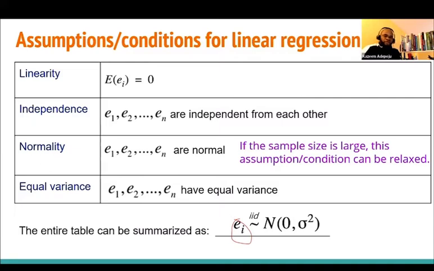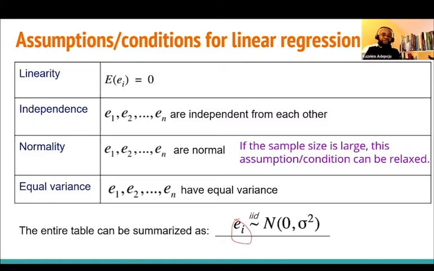Now, when we say error i, what do we mean by that? The error is the difference between the observed and the actual. I'm going to say that again. The error i is the difference between the observed, that is, what happened in reality, and the actual. And the estimate of the error is what we call the residual.